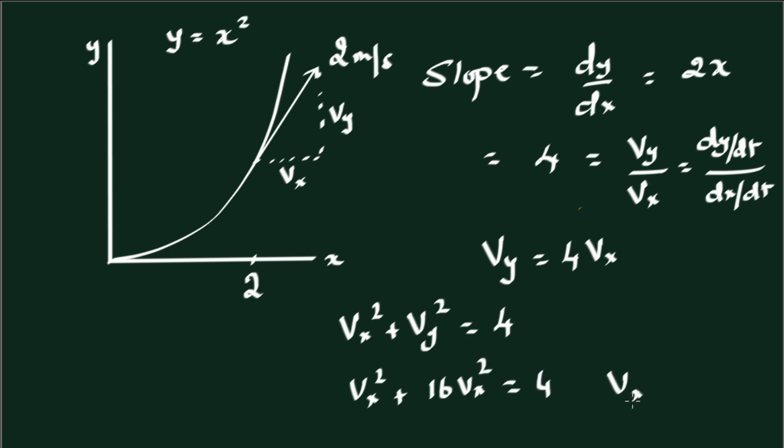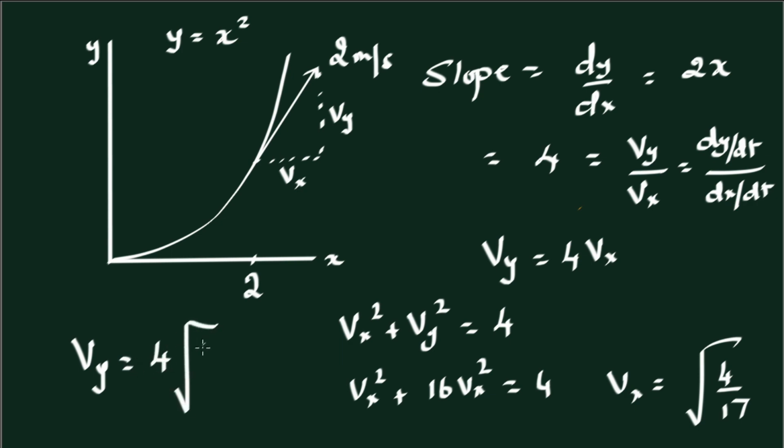And that gives us vx is equal to square root of 4 by 17. So what is vy? The question was, what is the y component of the velocity? The answer is 4 times square root of 4 by 17 meters per second.